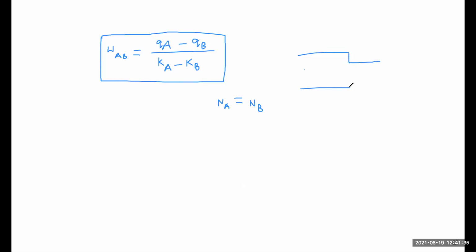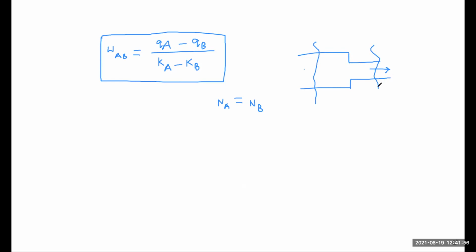Generally in the contracted part, not much movement of vehicles is possible, so in this section more vehicles will be passing, and in this section fewer vehicles are passing, but we consider the number of vehicles passing through section A and section B is the same.